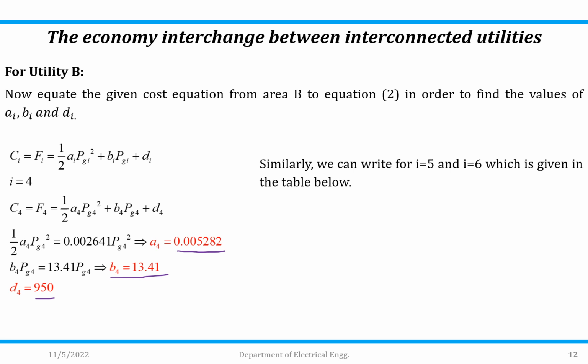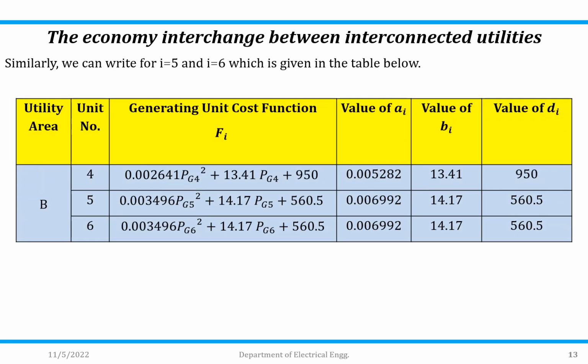Similarly we do it for the fifth and sixth generators in utility B, giving A5, B5, D5 and A6, B6 and D6.